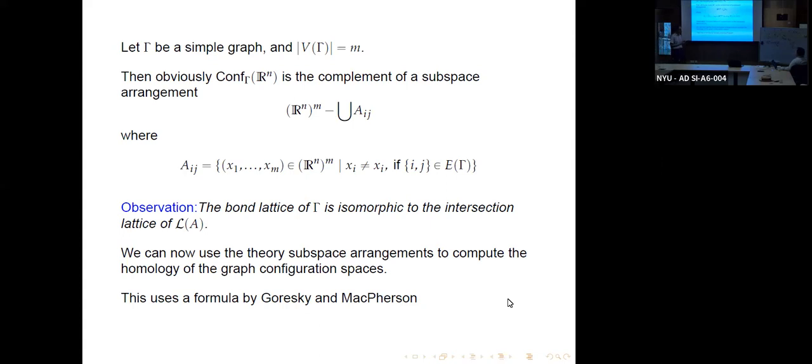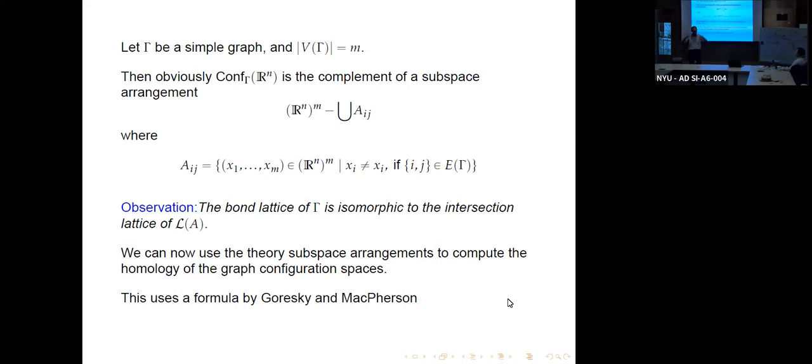Okay, so now what's the whole point? I have my graph, to which I associate this configuration space, and to this configuration space, I have the lattice, the bond lattice, or the intersection lattice of the arrangement. What's the arrangement? The arrangement is all the subspaces where xi equals xj if ij is an edge.